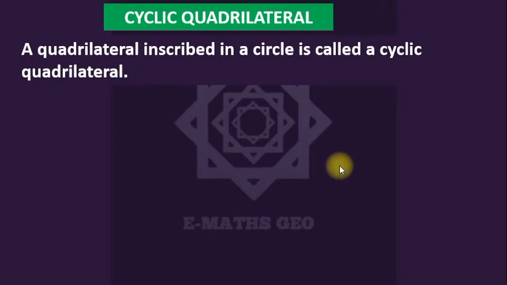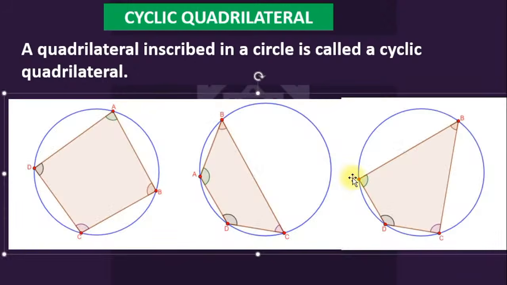Let's use a diagram to explain that. Look at this diagram. A quadrilateral is a four-sided polygon, as you can see. So if you inscribe a four-sided polygon in a circle, we'll have a cyclic quadrilateral.